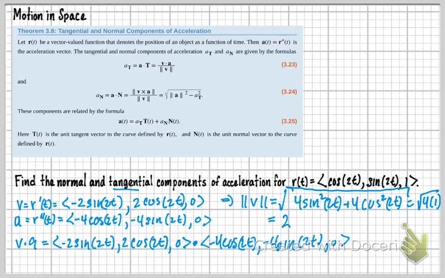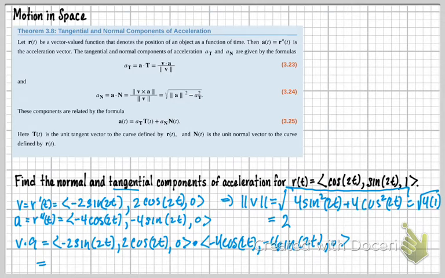And then when I dot those together, a dot product works by multiplying the components together and then adding them. So we don't get a vector here. We just get either a real valued function or a scalar.